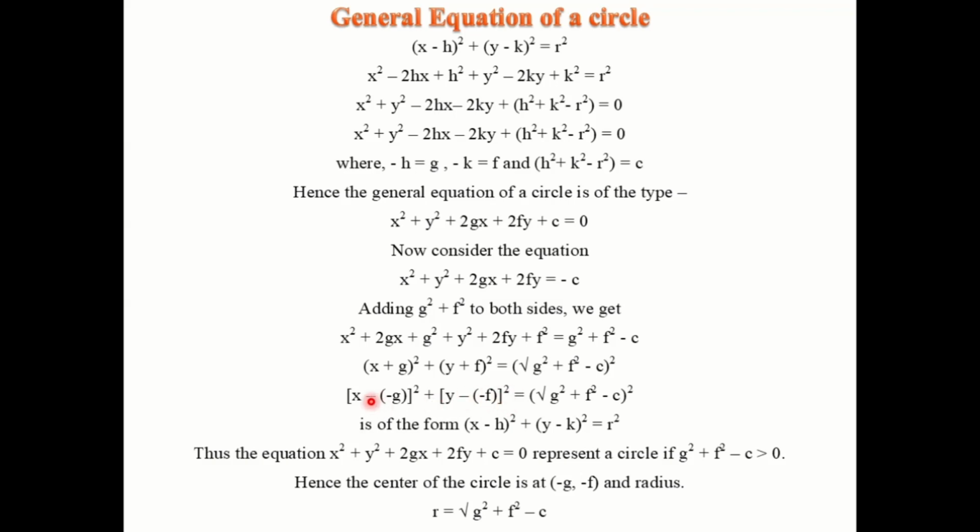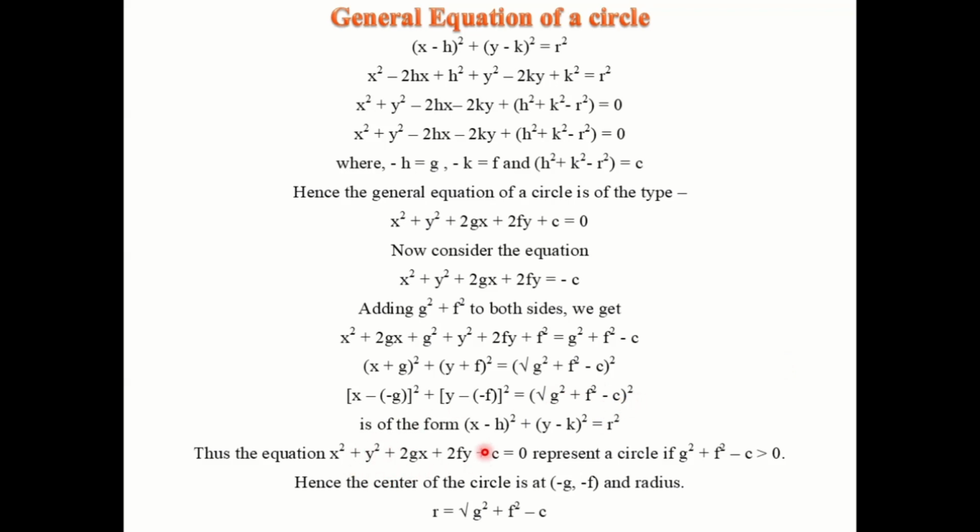Minus minus will be plus, so we are not changing the equation; in place of plus g, we are writing minus minus g. Why do we write this? Because previously we wrote minus h is equal to g and minus k is equal to f. That's why here we write (x minus minus g) squared plus (y minus minus f) squared is equal to (square root of g square plus f square minus c) squared.